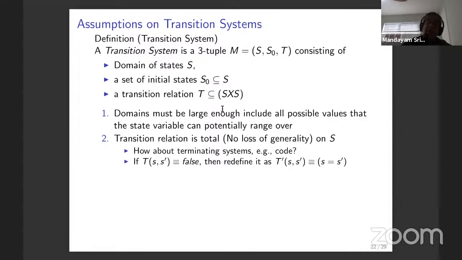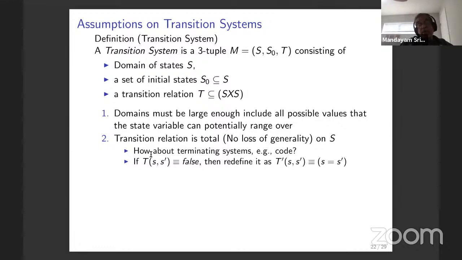Actually, no. The reason is, why would you want to have a transition relation that is non-total? One reason might be that a transition relation, as I told you, indicates how the system evolves over time. You could envision systems which terminate.